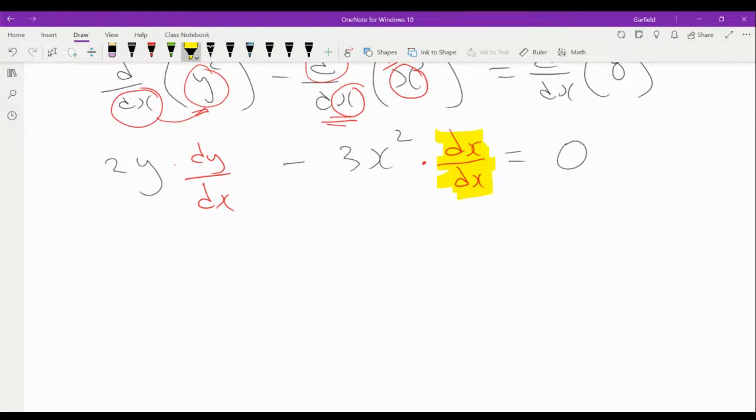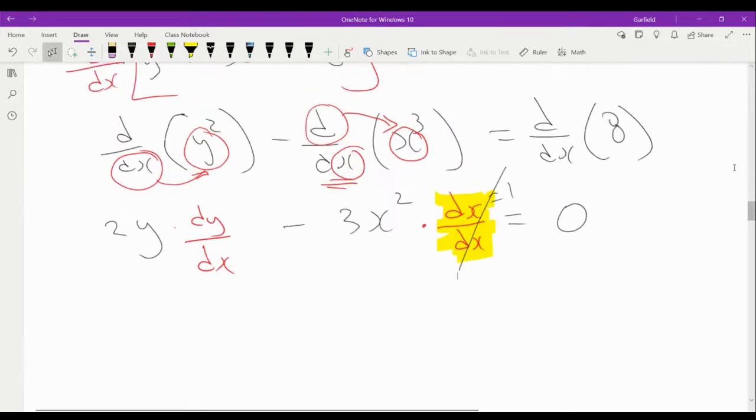What is 5 over 5 equal to? What is x over x equal to? What is dx over dx equal to? 1. So all of this is equal to 1. This is why we don't need to write a dx by dx in this section. Only when the variables are different, like we're taking the y with respect to x, we need to include it in a problem.